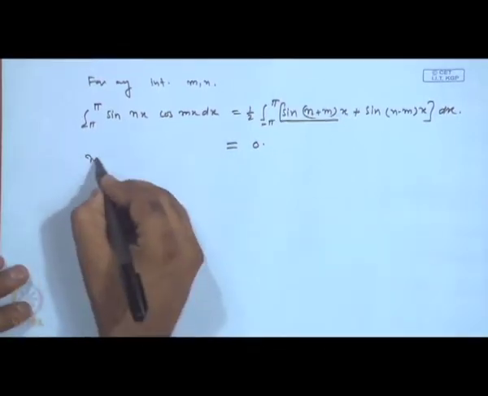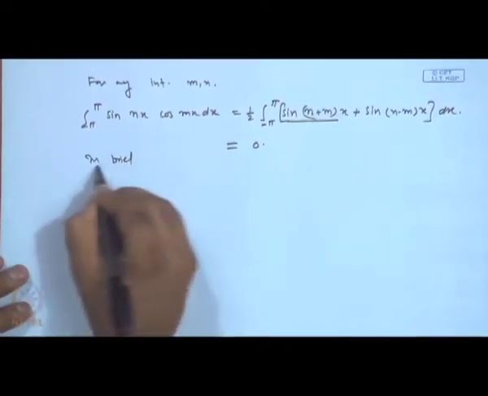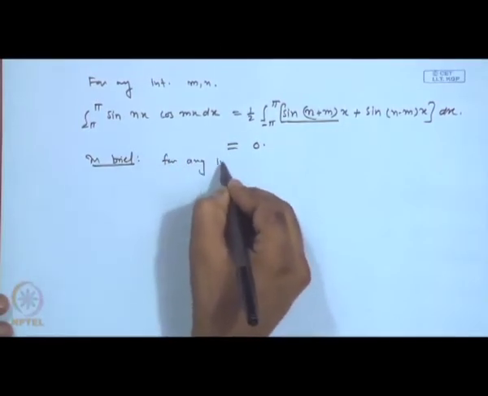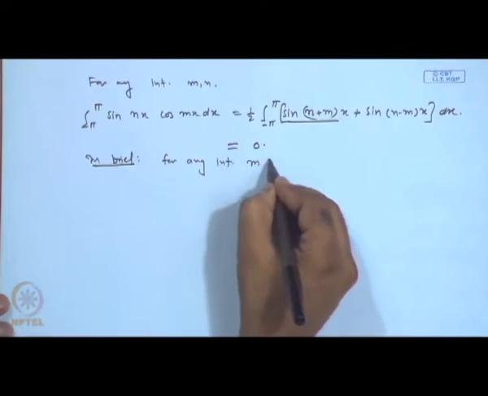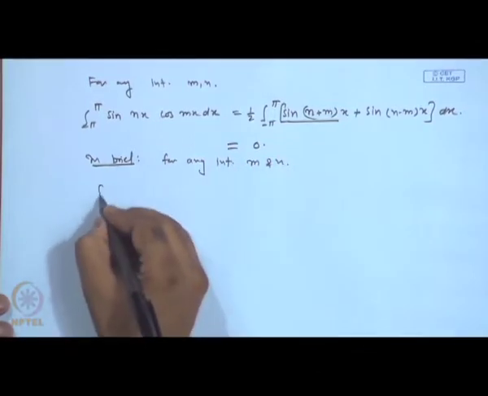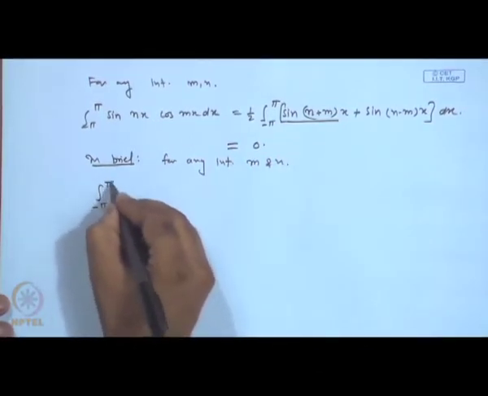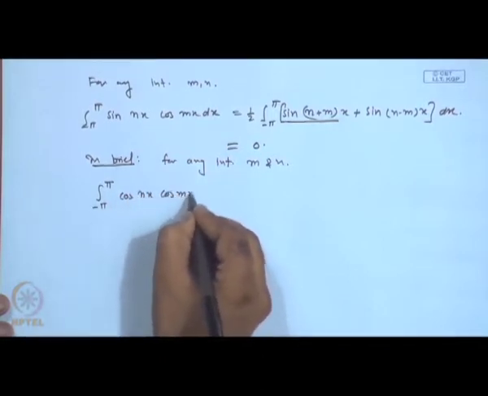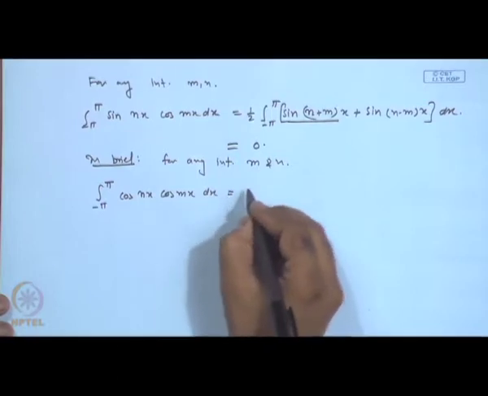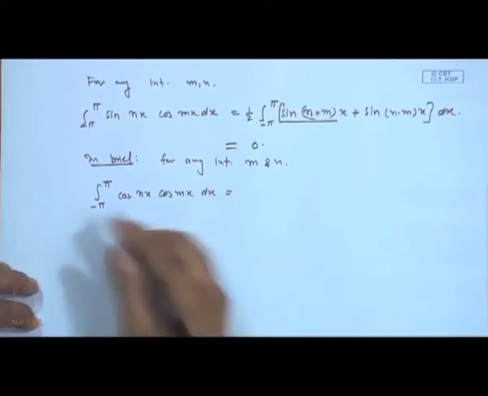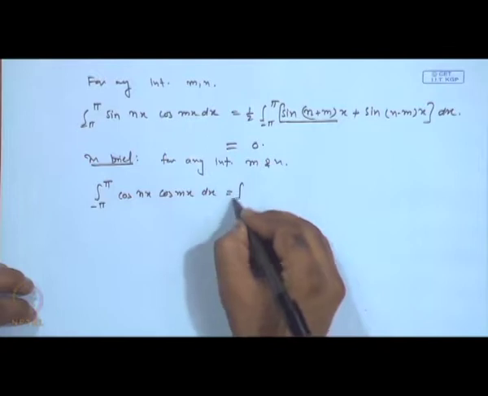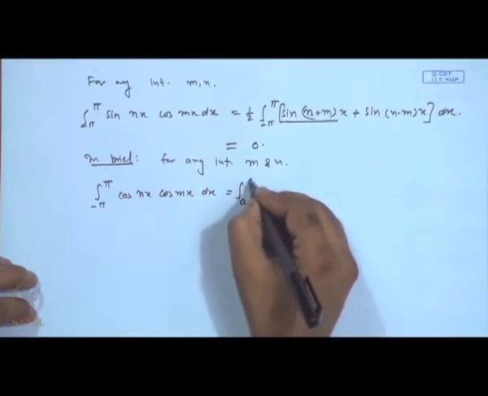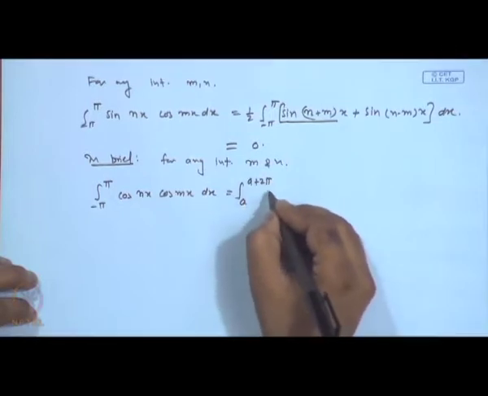So, in brief, what we got for any integers m and n is the following result. From minus pi to pi, if we integrate cos nx cos mx dx, or, since it is a property of periodic functions, instead of minus pi to pi we can go from a to a plus 2 pi, it will be the same.